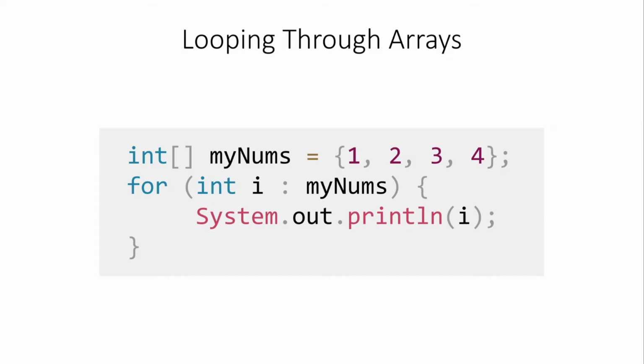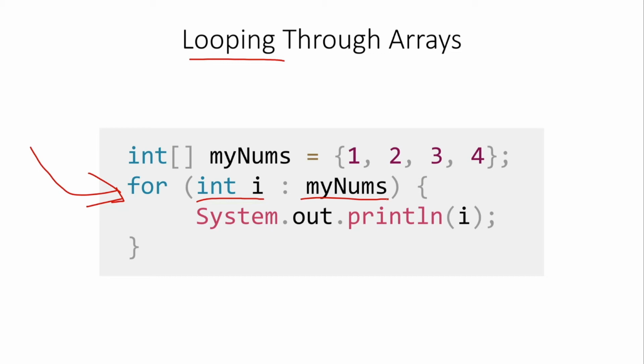Now let's look at how to loop or traverse through arrays. This is a little bit of a shortcut, as you can also use indexing in a for loop, but this is a much easier and simpler way. So, first you define your int i, and then you put a colon and whatever list you have.